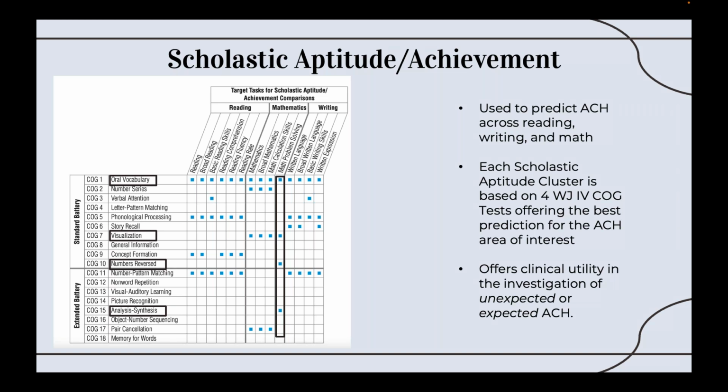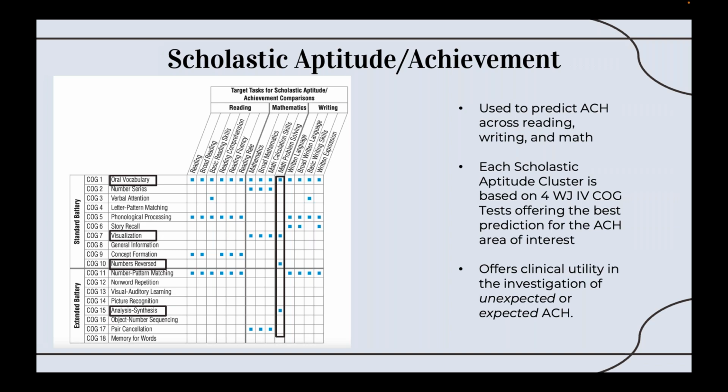Now, these specific comparisons are important because they look at consistency in performance, right? So when you look at some of the other comparison procedures in the examiner's manuals, those are more so looking at traditional discrepancies, whereas this one is looking at consistency. Let me give you an example of what I mean.